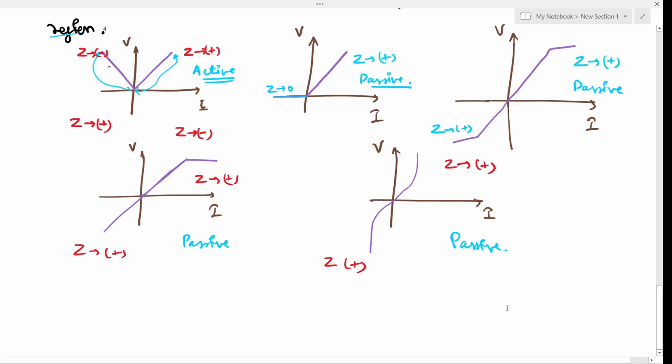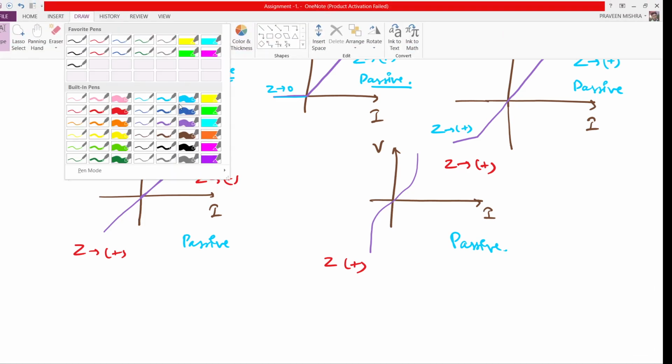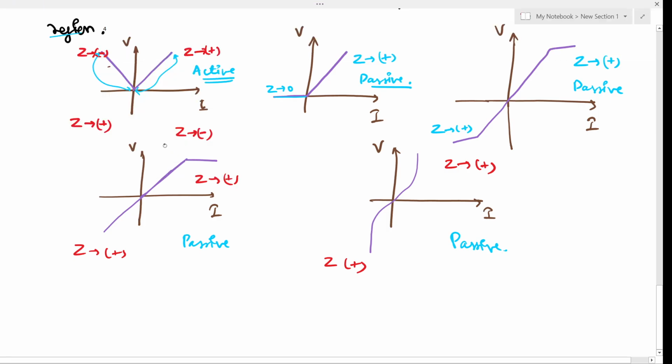Okay, and if we talk about the condition, if R is greater than or equal to 0, L is greater than or equal to 0, C is greater than or equal to 0.